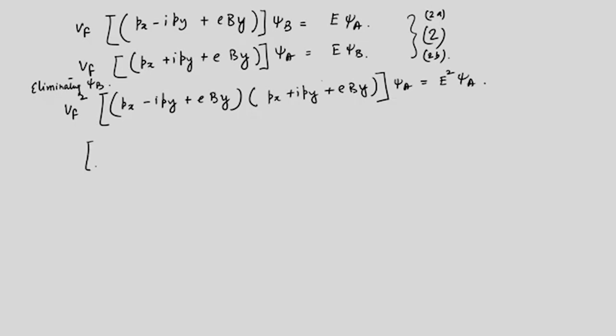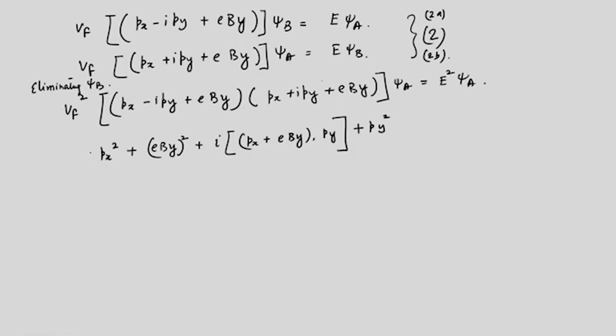So, this becomes equal to Px square plus Eby square plus i Px plus there is a commutator there. So, Eby, which is a commutator with Py. This is just from the two signs that we get here, and then a Py square, and this is a commutator bracket.